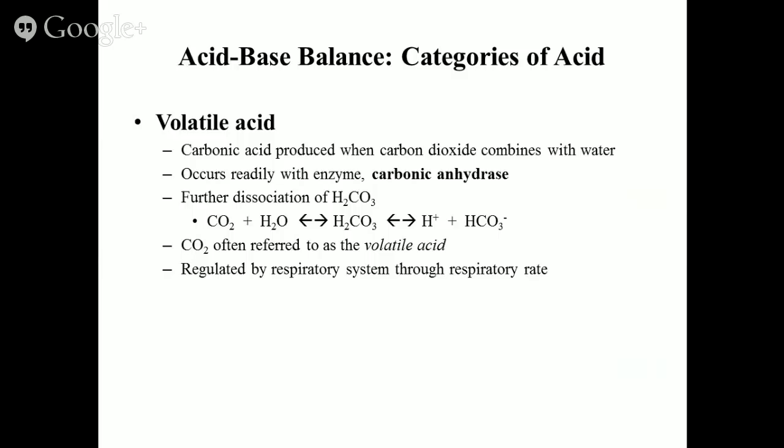And then when it gets to the lungs, it'll take that hydrogen ion and reattach it to that bicarbonate ion, therefore sending it back through the process to the left, giving you CO2 and H2O at the lungs.